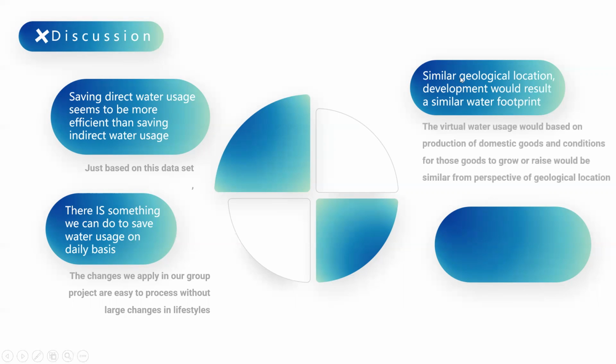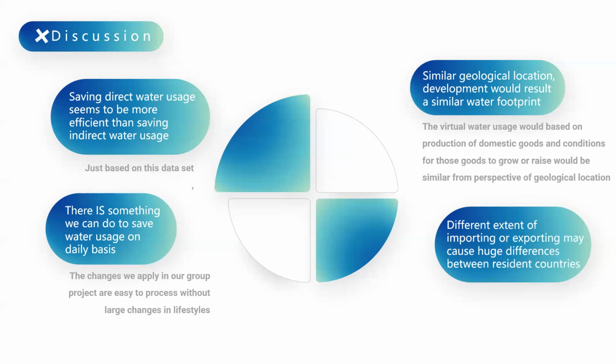Also, similar geological location, such as Canada and the US, and similar development extent will have a similar water footprint. That's mainly because in a similar geological location you will have a similar environment and climate for farmers to grow crops and for people to live there, so the lifestyle could be similar.